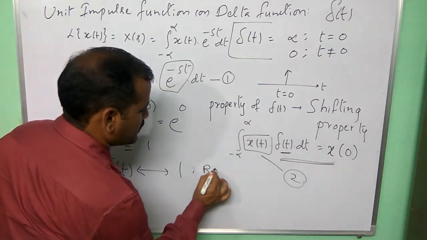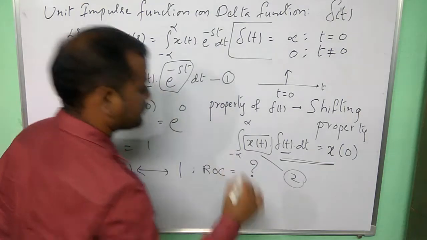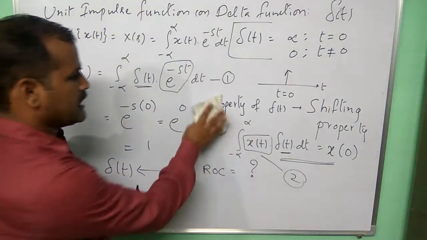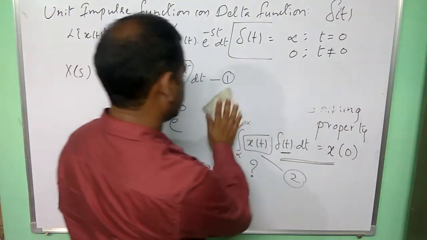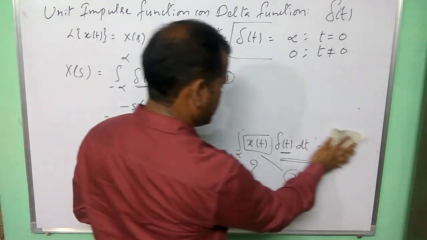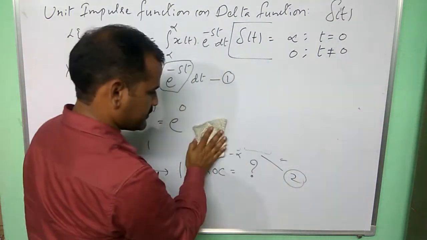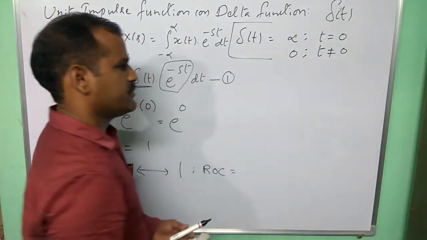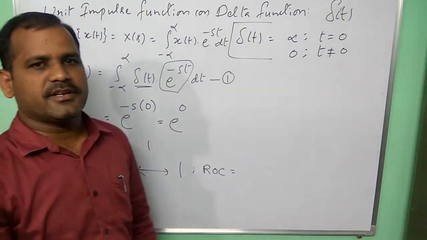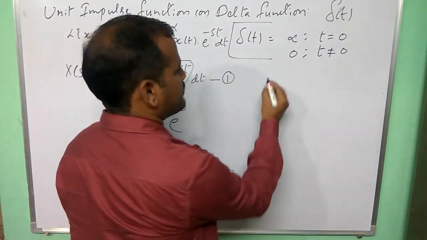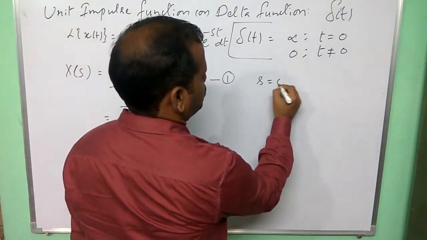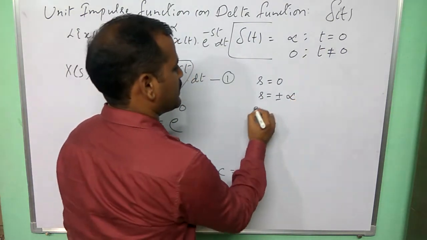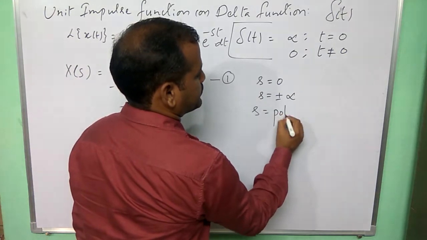Then what is the ROC? That is the question here. What is the ROC of a delta function? Generally, the ROC definition we have discussed is the range of values of s for which the signal converges. That means the signal diverges mostly when s value is 0, or when s value is plus or minus infinity, or when s is equal to a pole value.